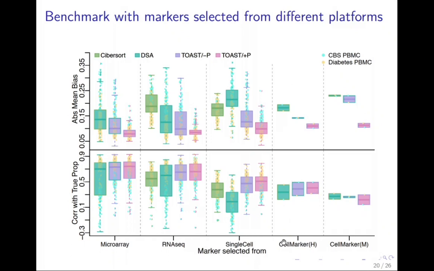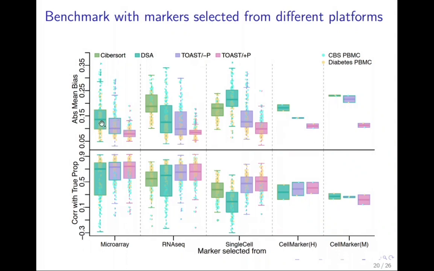So this column is human markers from CellMarker, and the last column is mouse markers transformed to human symbols, also from this repository, CellMarker. There are 2 observations I want to point out here.